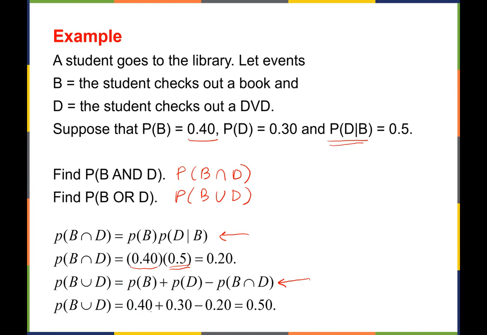We were given that information. The probability of D was 30%. We were given that information up here. And minus from that the probability of B and D, which we just calculated here. And so that's minus 20. So 0.4 plus 0.3 minus 0.2 is 50%. All right. Well, those are the examples on how to use the multiplication rule and the addition rule.